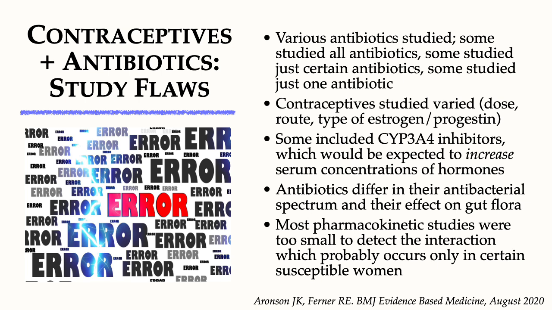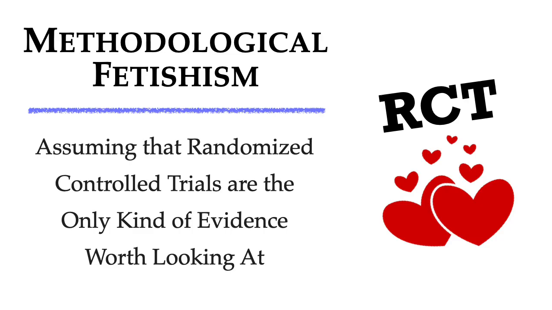So all in all, the studies that were theoretically negative, there were errors in virtually every one of them. And assuming you can't do a randomized controlled trial of this, it would be totally unethical, so it'll never happen. But assuming that randomized controlled trials are the only kind of evidence worth looking at, of course, it doesn't make sense. This is Naomi Oreskes' methodological fetishism, a term she coined.